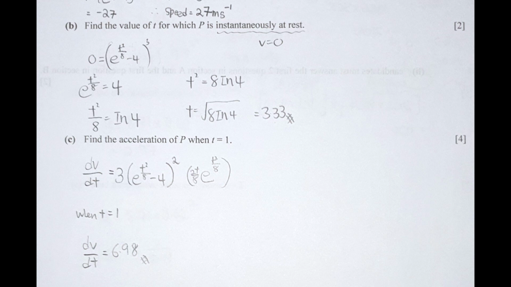When you differentiate e, the power will never change, but you take the power part and differentiate it. So t squared over 8, after you differentiate it, you get 2t over 8. When t equals 1, you substitute 1 into t's position, and you get your dv/dt as 6.98.